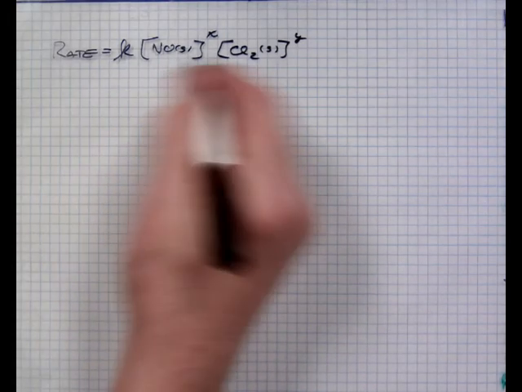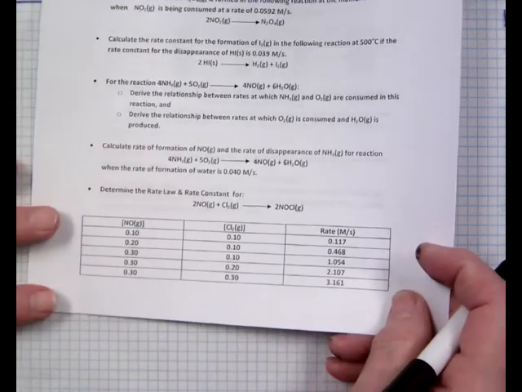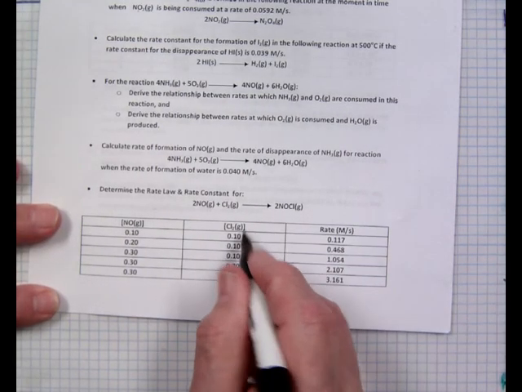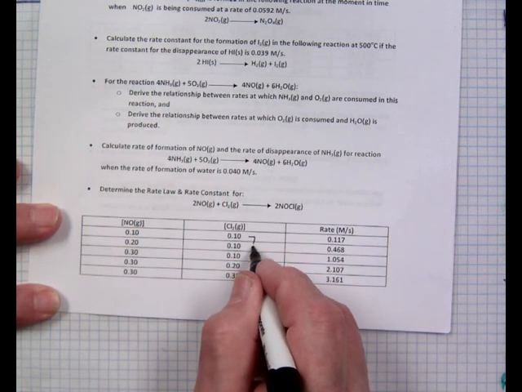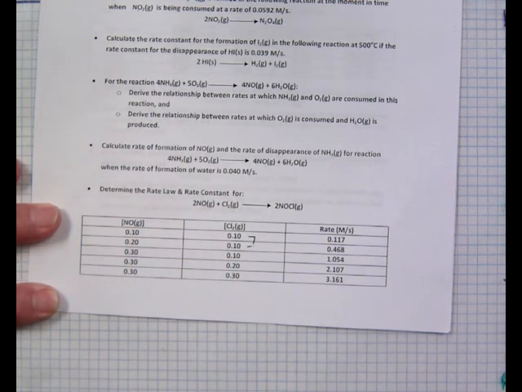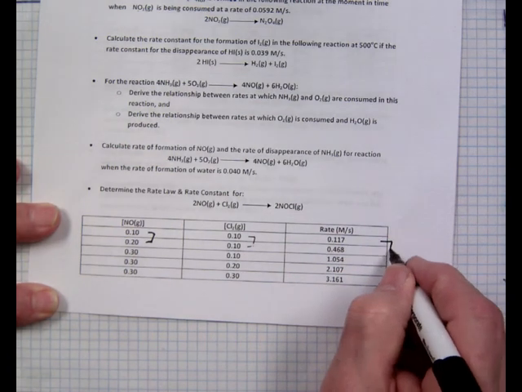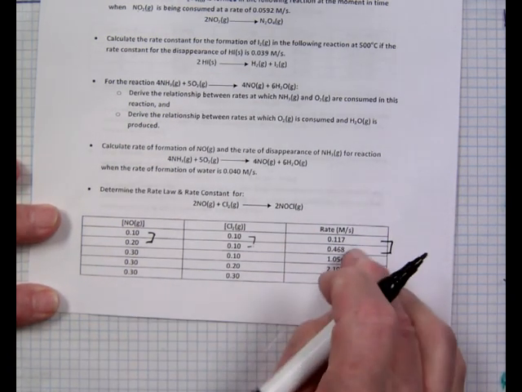So we want to hold one or the other constant and then vary the other. Look here as the data is given to you. Here and here, we don't change the concentration. We hold it constant. But what did we do to the NO? We doubled it in here. Then you look at what happens to the rate.